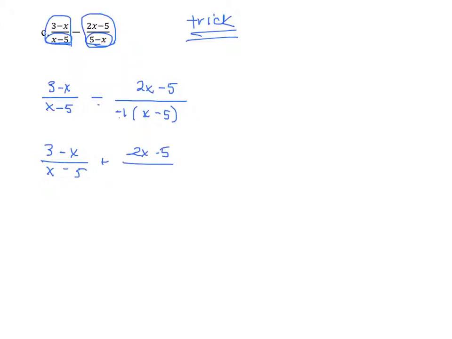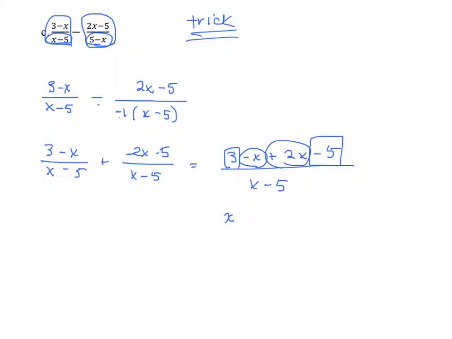Awesome. And I can just get rid of that -1. And now we got a common denominator of x minus 5. And now I'm going to add my numerators up. Combine like terms, you guys. So you get x minus 2 over x minus 5.